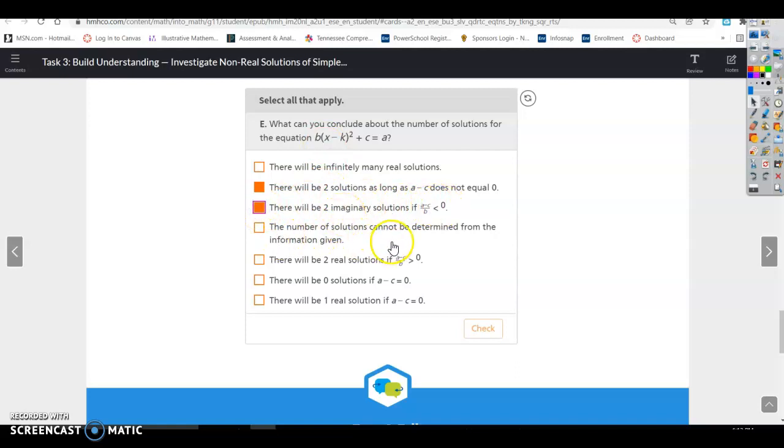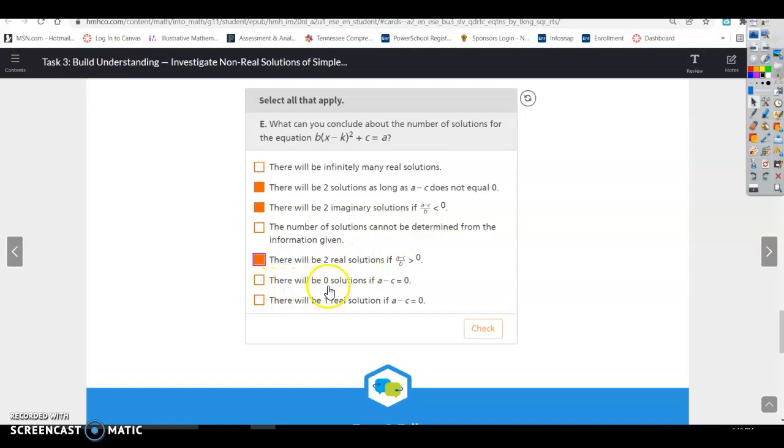All right, so the number of solutions cannot be determined from the information given. Well, we can determine whether it's 2 or 1 by the information given, but maybe not any more closely than that, but we'll keep reading. There will be two real solutions if A minus C over B is greater than 0. Okay, that one is also true because if this number is positive, it's going to produce two real solutions.